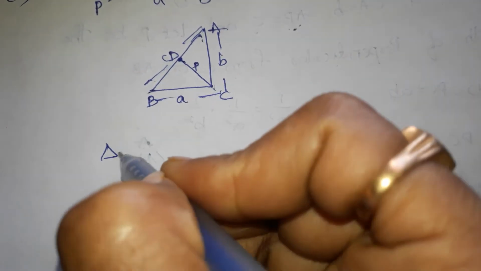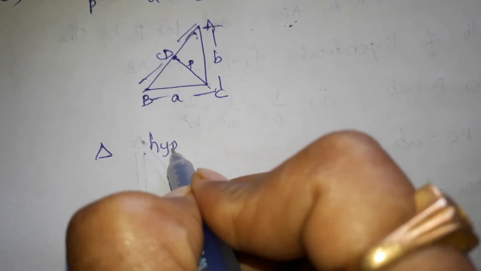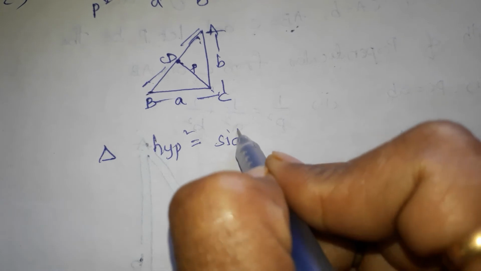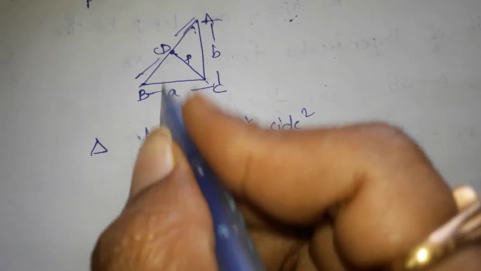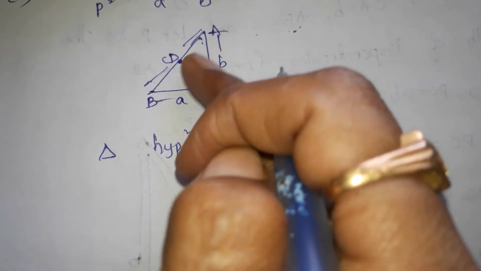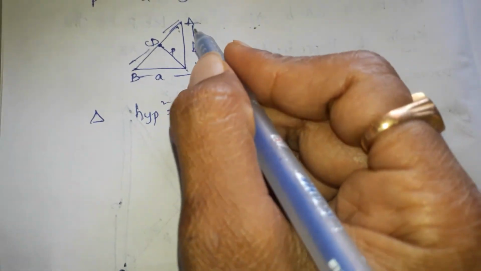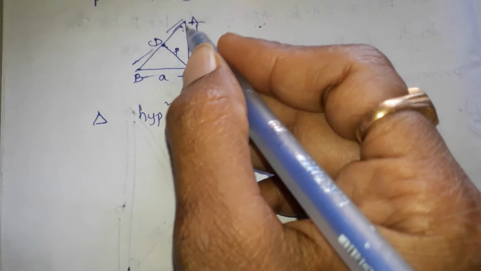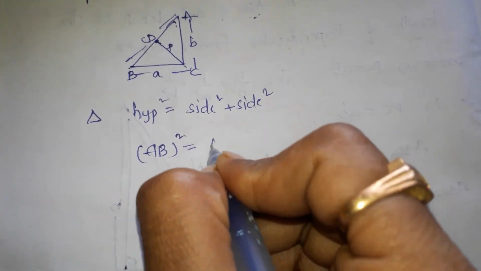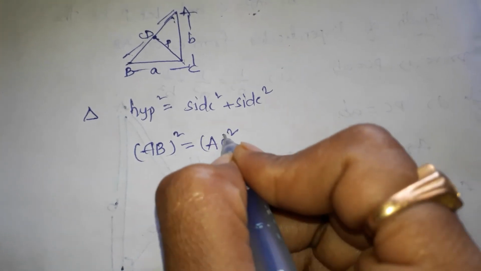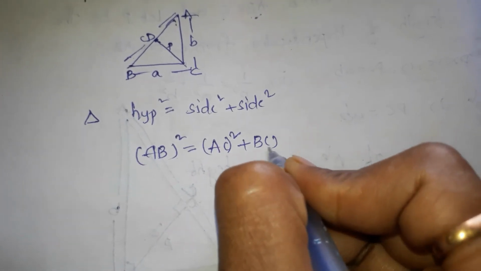As we know, Pythagoras theorem, the hypotenuse square is equals to side square plus side square, right? So here what is the hypotenuse? The AB will be the hypotenuse. This AB is the hypotenuse. So AB square is equals to AC square plus BC square.